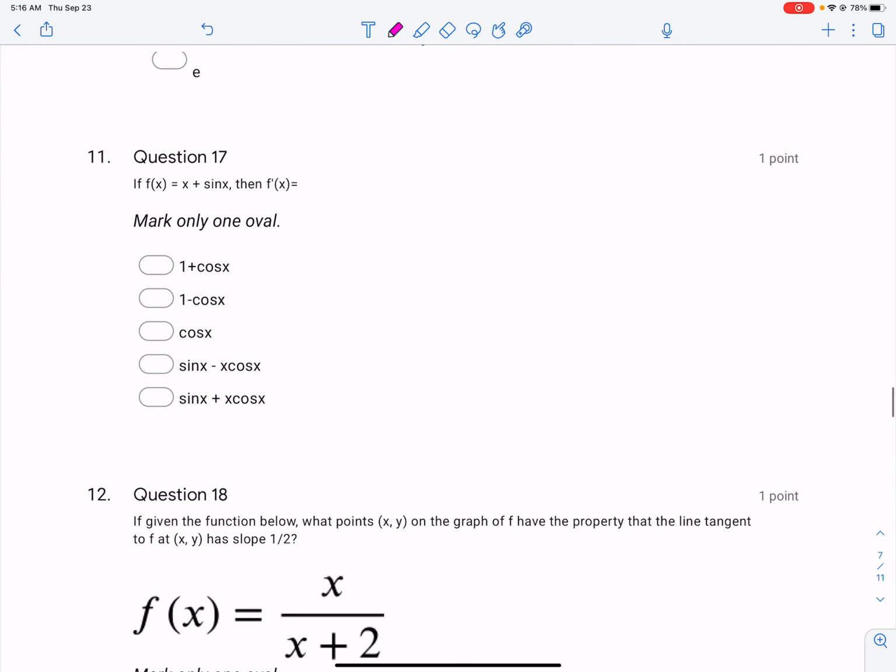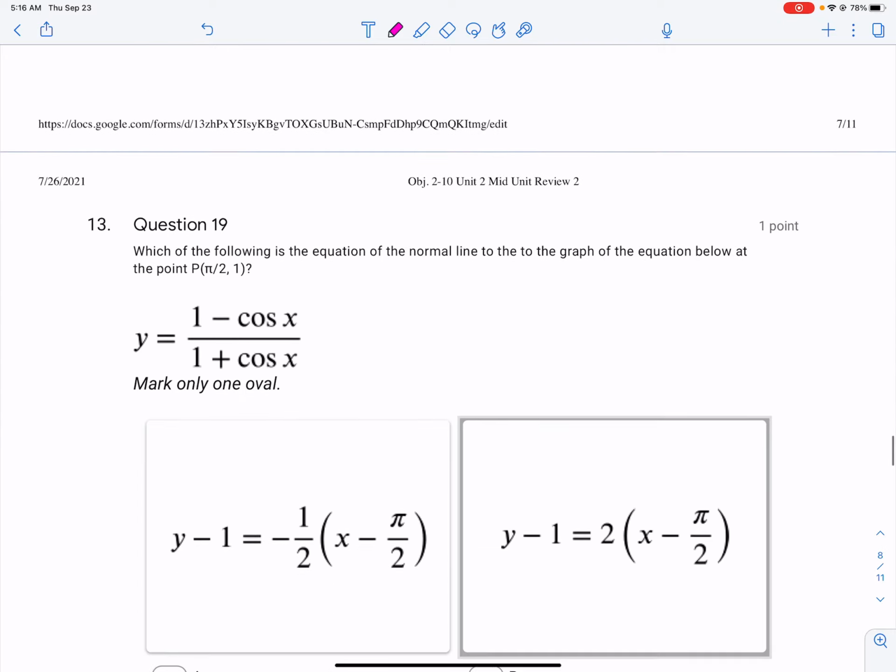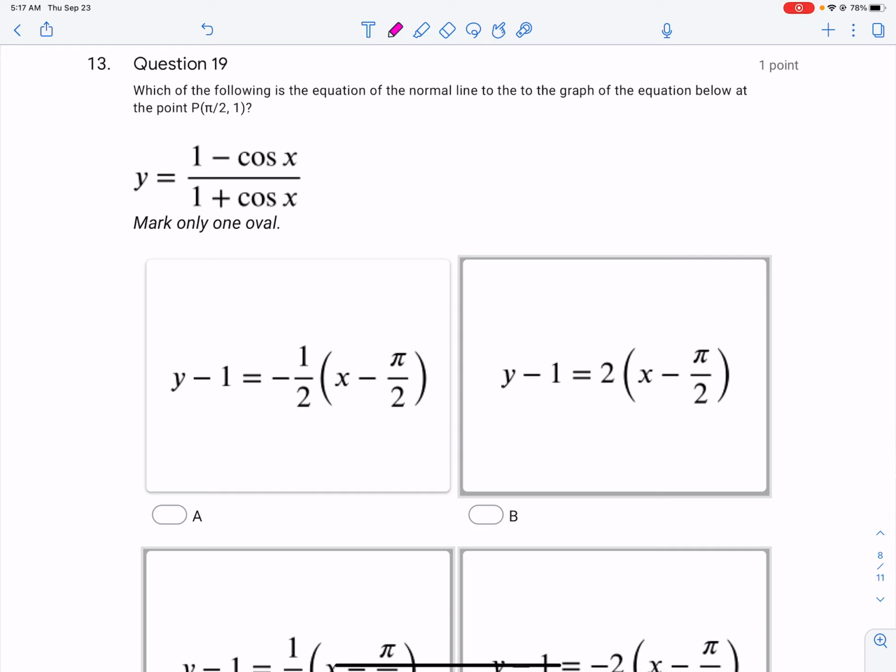Skipping, going to 17. Derivative of x is 1. Derivative of sine is cosine, so 1 plus cosine. Ooh, this is exciting. Okay, so I need to do quotient rule. So y prime, and it's also a normal line. So y prime is 1 plus cosine times the derivative of negative cosine, which is negative of negative sine.